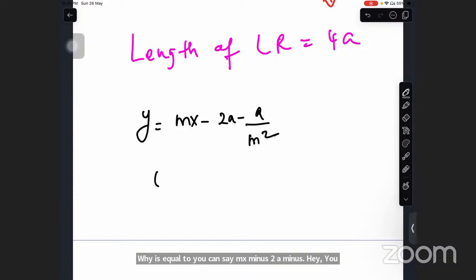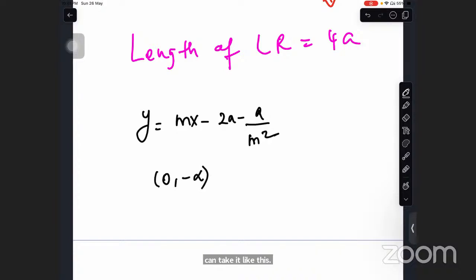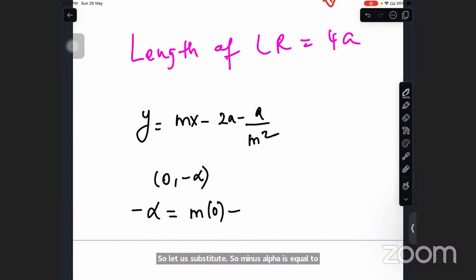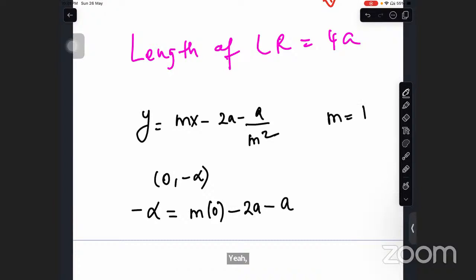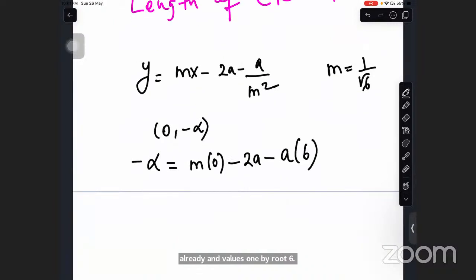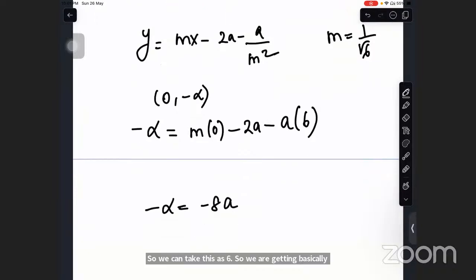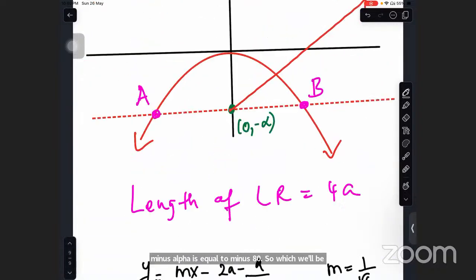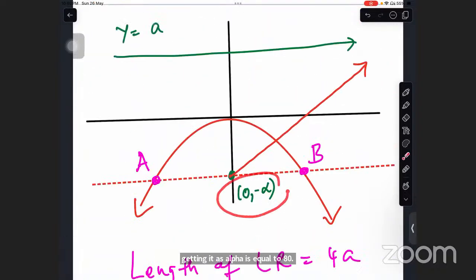They said this is passing through 0 comma minus alpha. So let us substitute. Minus alpha equals m into 0 minus 2a minus a into, they have given the m value already as 1 by root 6, so that square is 6. So we are getting minus alpha equals minus 8a, which gives alpha equals 8a. So the point becomes 0 comma minus 8a.